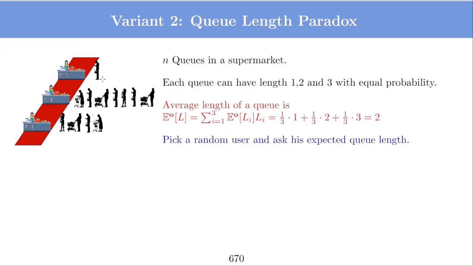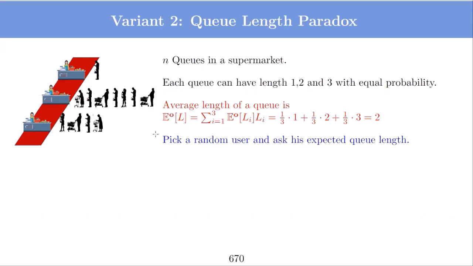If you pick any one of the persons, there is a 1/12 chance that you will pick this person, so he will say 1. There is a 4/12 chance that you will pick one person out of this queue, and regardless of who you select, they will all say the queue length is 4. And if you select any person here, the probability is 7/12, and they will say there are 7 persons.